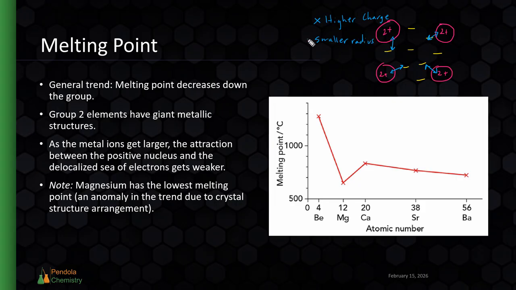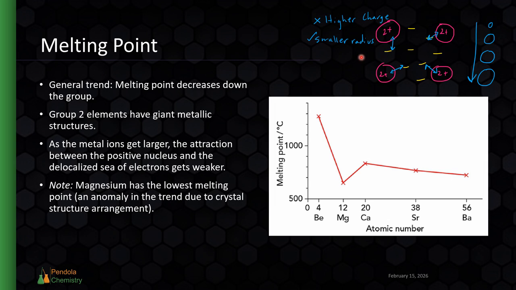And this is the one we're going to discuss because as we talked about, as we go down the group, the radius of these ions and atoms are going to get larger and larger and larger. Well, since the melting point decreases as we go down the group, that should have an explanation based on not the charge because they're all 2+, but the size.